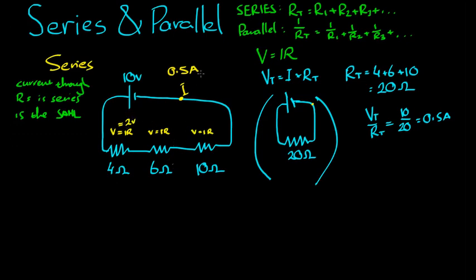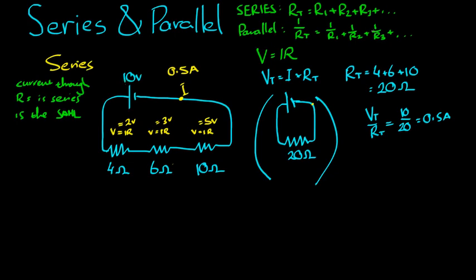Over here, it's 0.5 times 6, or 3 volts. And over here, it's 0.5 times 10, or 5 volts. And then we notice, just as we expected, the voltage dropped on the resistors, 2 plus 3 plus 5 equals 10. That's the same amount of voltage that was supplied to the entire circuit. So we know that our answer is correct.